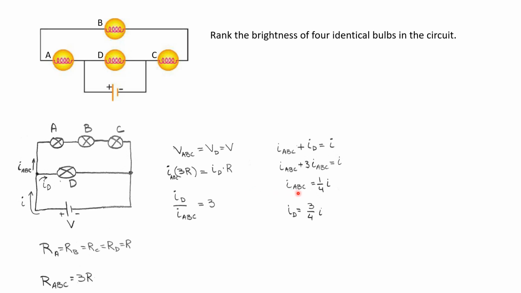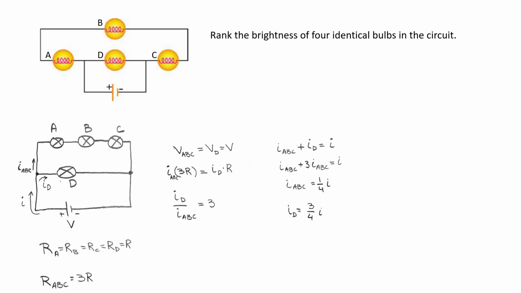So from here we can calculate the current that goes through the upper part of the network, or I sub ABC, should be 1/4 of the current that's coming out of the battery. Well, then we can easily find what is I sub D, which is 3 times the current of the ABC network, right? So I sub D should be 3/4 of the current that's coming out of the battery.